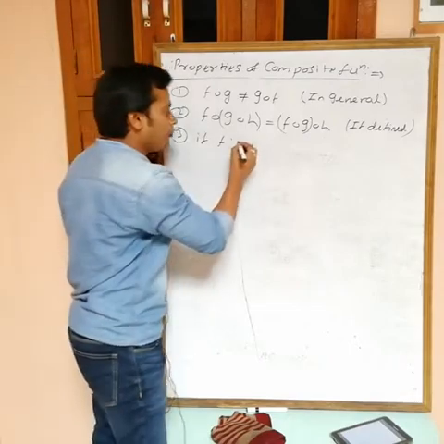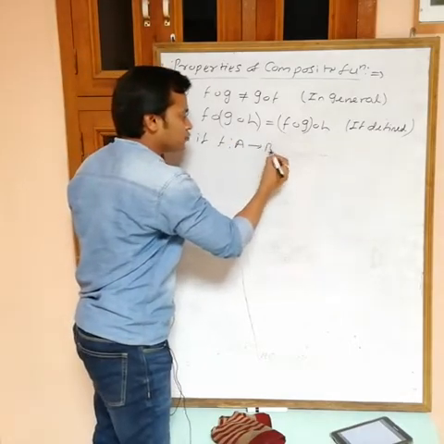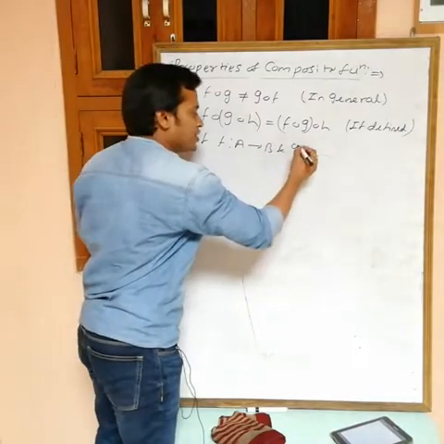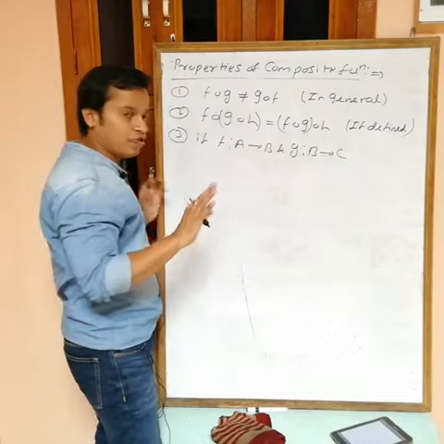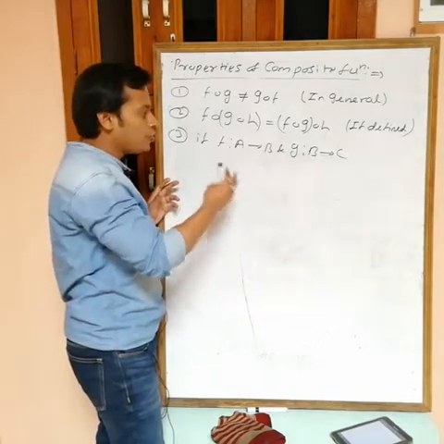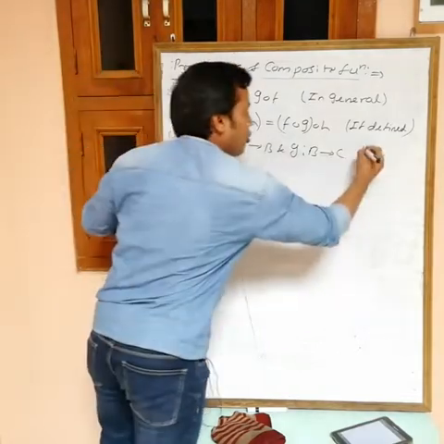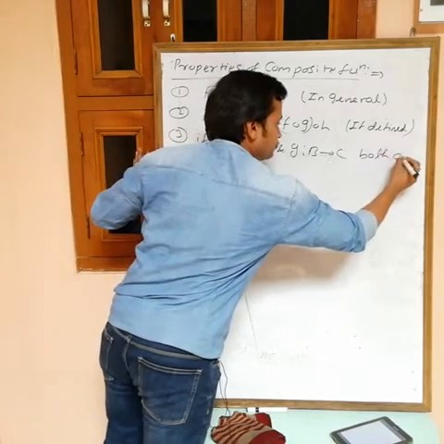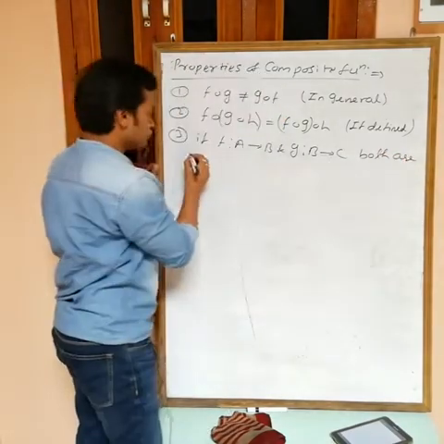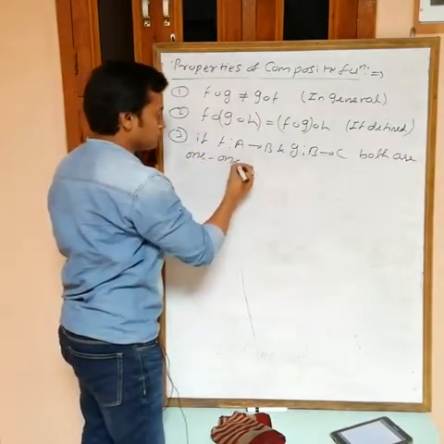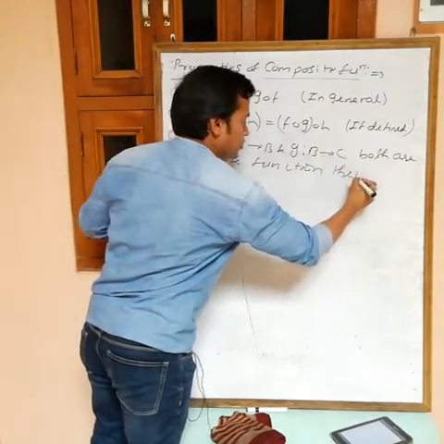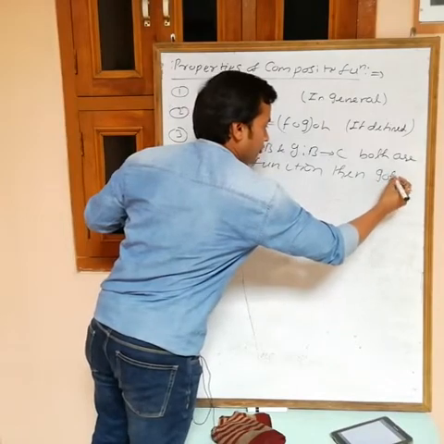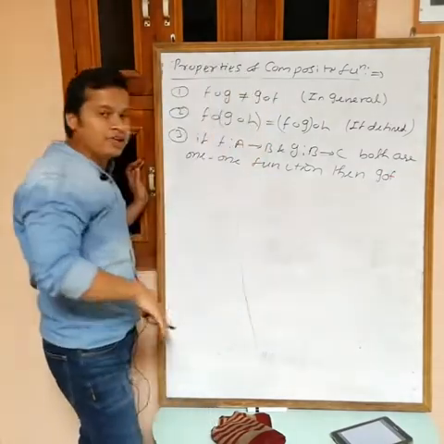So I am taking f from A to B and g from B to C, such that GOF is defined. If f A to B and g B to C both are 1 1, then composite function g of f is also 1 1.